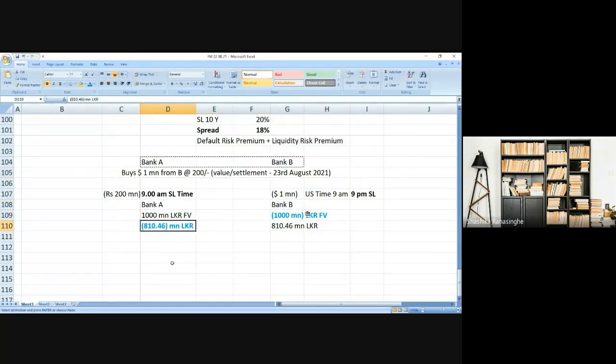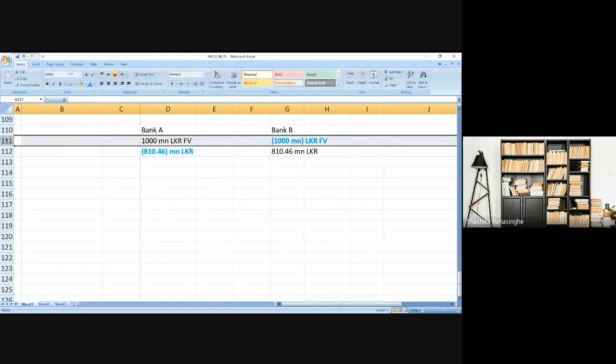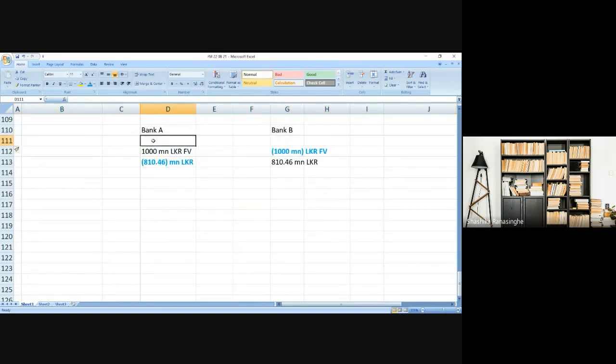A is buying a bond from B now. Forget about bonds. Let's say A is buying a car from B. Right? A is buying a car from B. Now this bond is the car. In the car, they had to pay 810.46 to B.